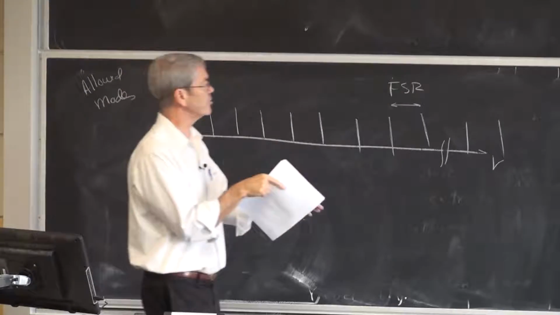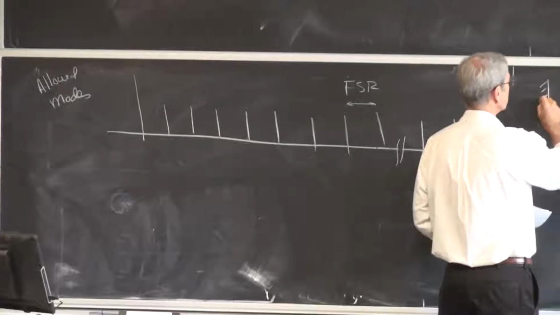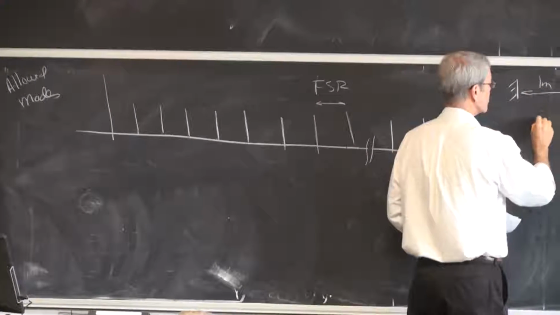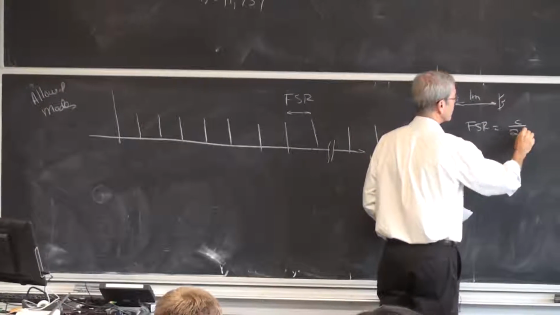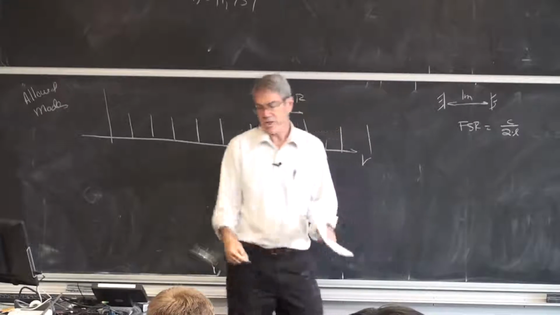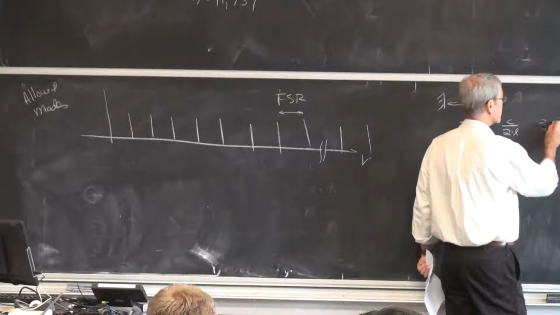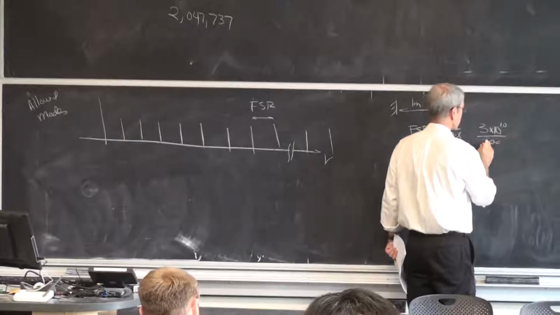Now to put some numbers to it, let's say we have a 1 meter cavity. So here's a mirror, this is 1 meter. So FSR for this is c over 2L. I use centimeters, use whatever you want. So in my case, it'd be 3 times 10 to the 10 divided by 200.